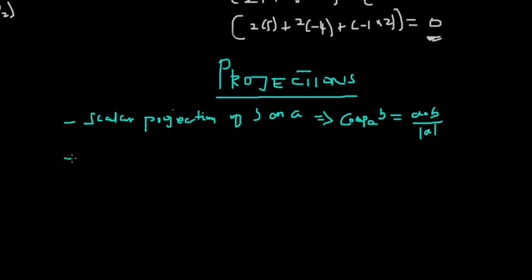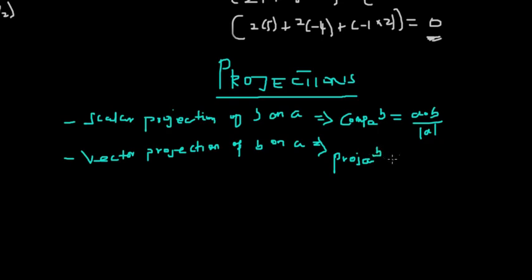And then we have for vector projection, for vector projection of vector B on A, we have proj with subscript A and superscript B equal to, let's open a bracket over here.